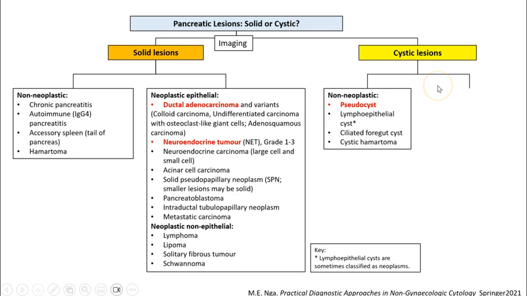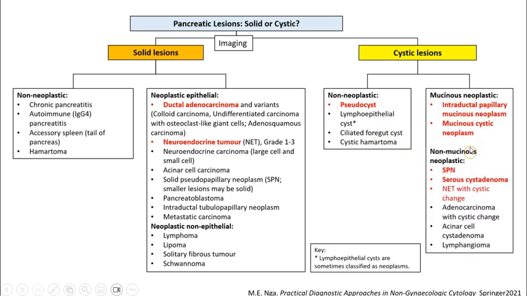In terms of cystic lesions, I have divided them into non-neoplastic and neoplastic lesions. For the non-neoplastic lesions, probably the commonest cyst that we will encounter is the pseudocyst, and this is usually associated with a background or history of pancreatitis. We also have lymphoepithelial cysts, and it is worth noting that these are sometimes classified as neoplasms, foregut cysts, as well as cystic hamartomas.